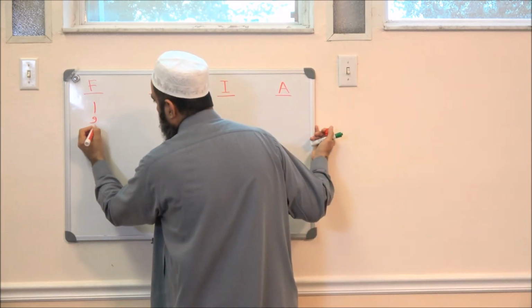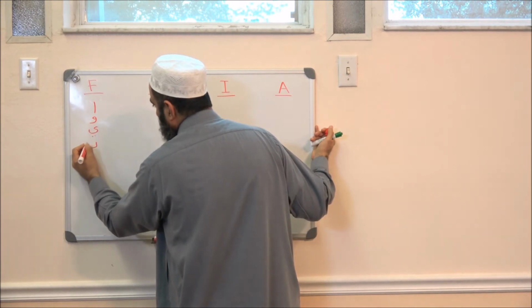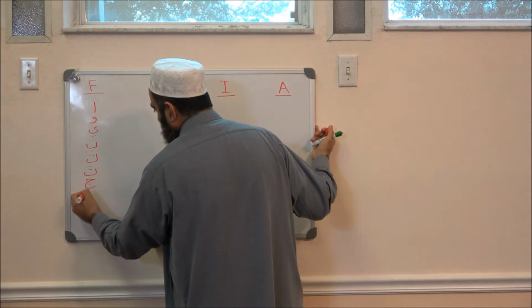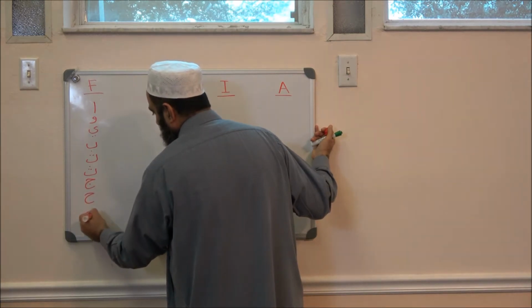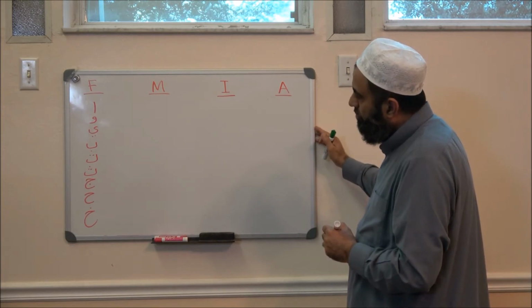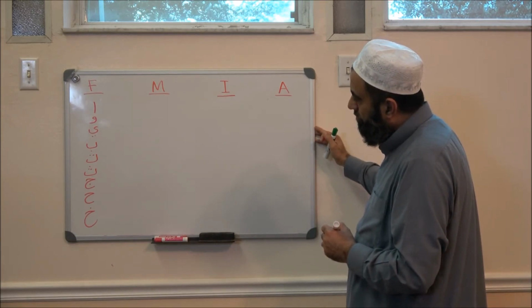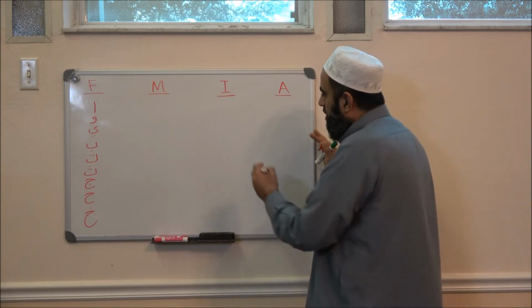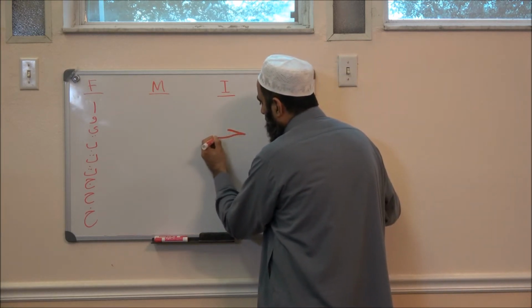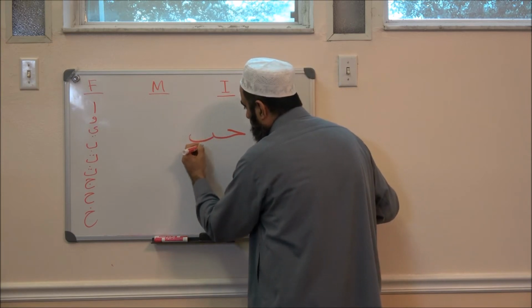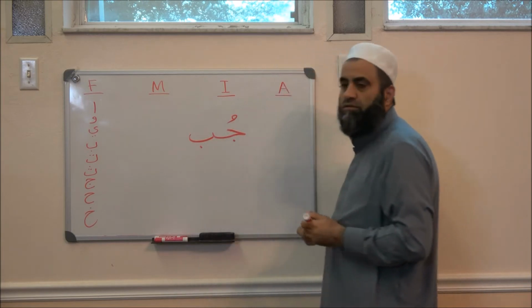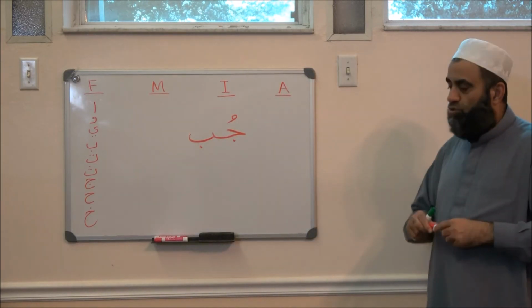So a, u, e, ba, ta, tha, jim, ha, and kha. When the brothers of Yusuf threw him in the well, Allah called it in the Quran Jub.